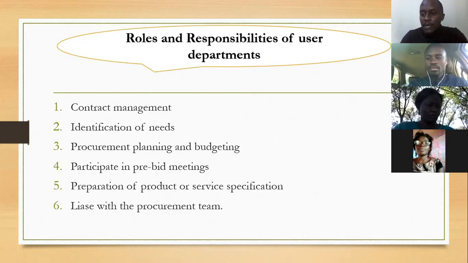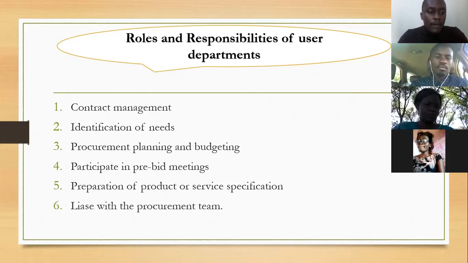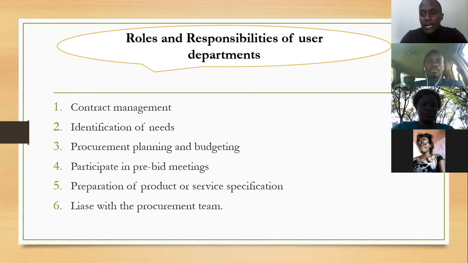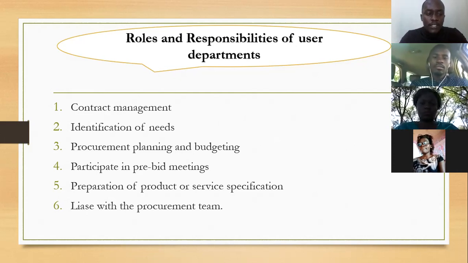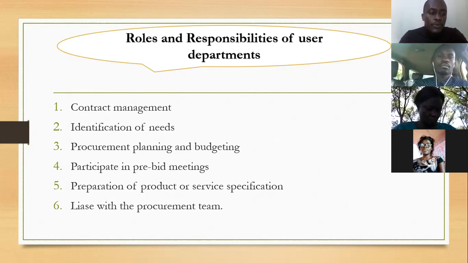Under contract management, we find that the user department plays a big role, and this involves delivery, payments, and appraisals to the service providers. That is to say the contractor. Also under contract management, we have the bidding processes and evaluation processes, which are basically done by the user department.